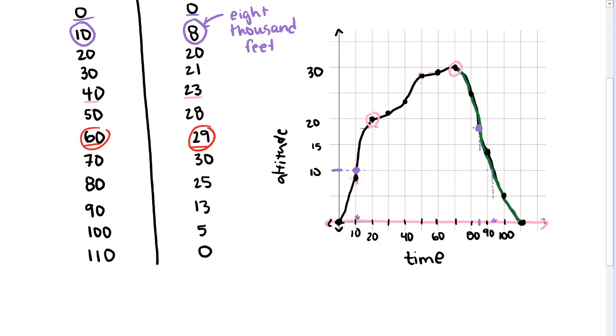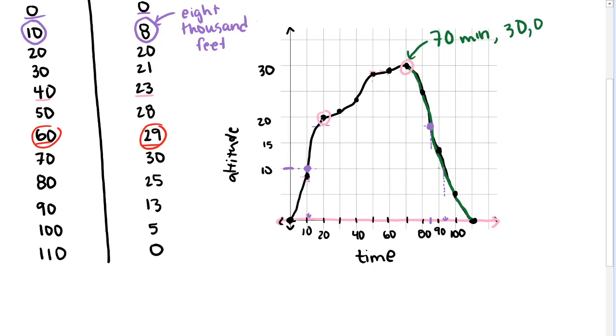And so we're asking what times is the plane descending. Well, this is really from 70 minutes, right? So this is really saying at 70 minutes, the plane is at 30,000 feet in the air. And it's descending all the way down to, well, this would be at 110 minutes.